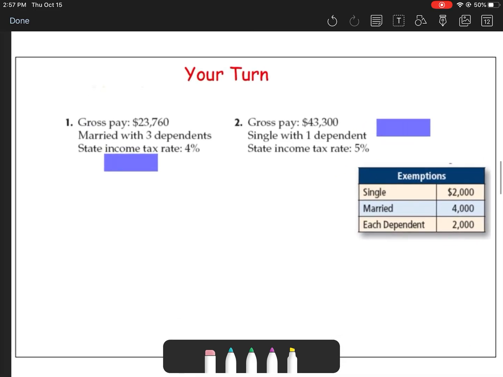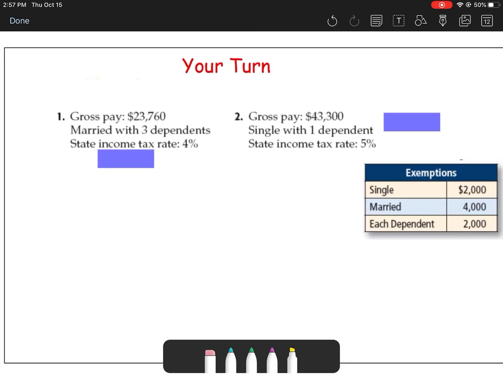Okay, your turn. Here is where I suggest that you go ahead and try these problems by yourself. Pause the video and then come back and check. Welcome back. Again, I'm going to do these steps. The first step is to find my exemptions.